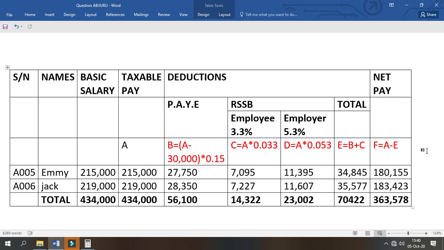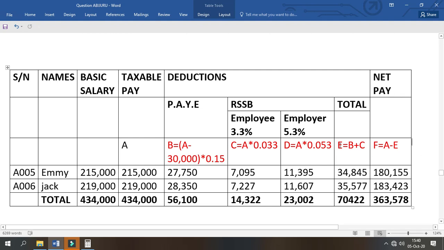from the taxable pay or basic salary in order to get the net pay. Dear friends, the total deduction is taken from the taxable pay in order to get the net pay. The employer portion contribution to the Rwanda Social Security Board is not included.